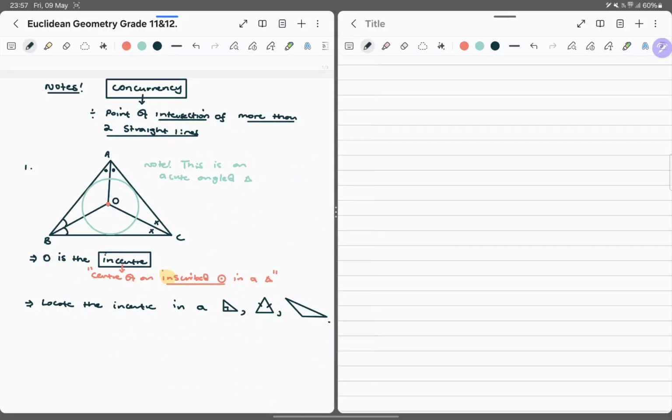All right, guys. So issues of concurrency are very important, because when we apply this in Euclidean geometry or even in analytical geometry, this becomes very interesting. You have seen a video on paper 2 that was written in 2005 exams. I sat for that exam.